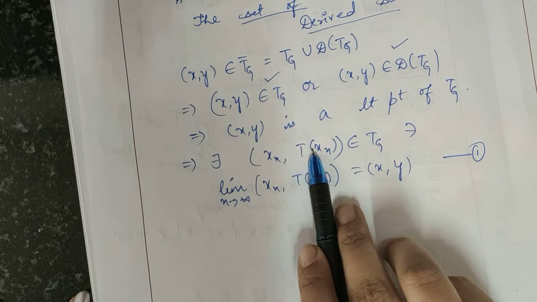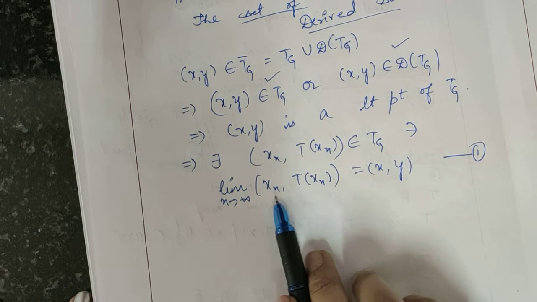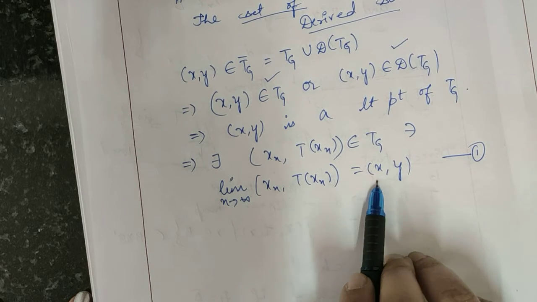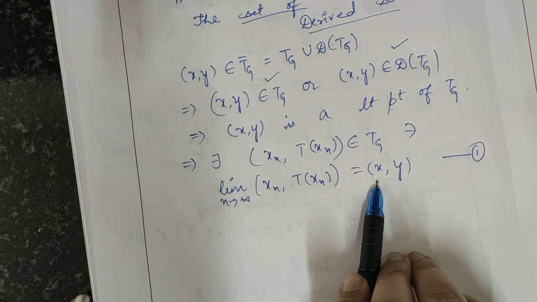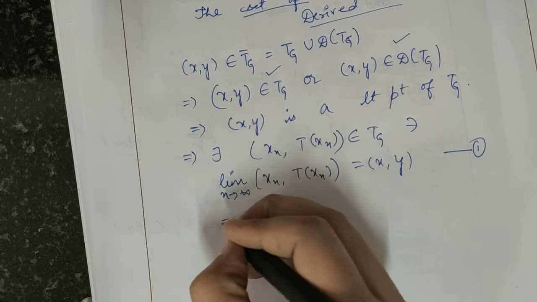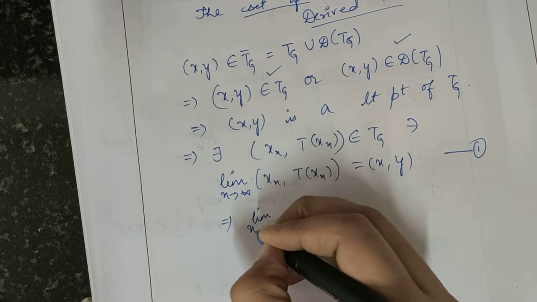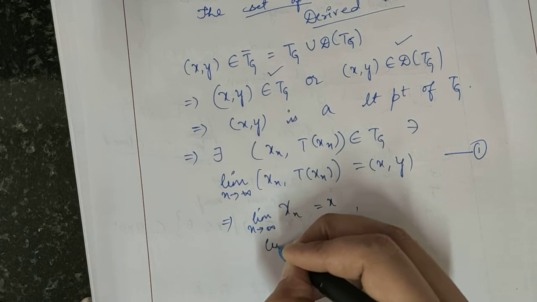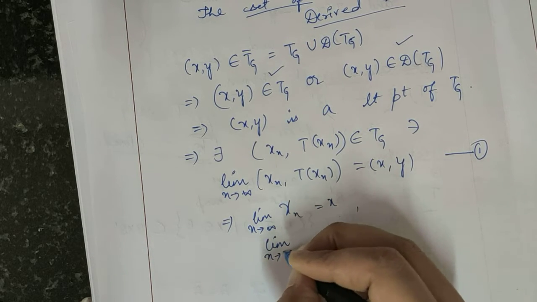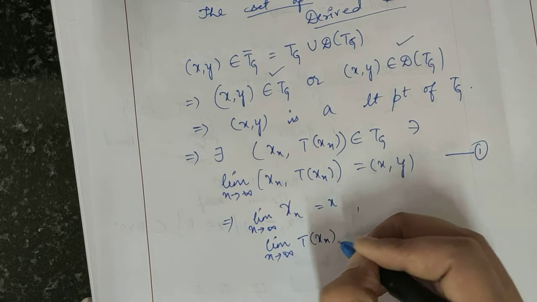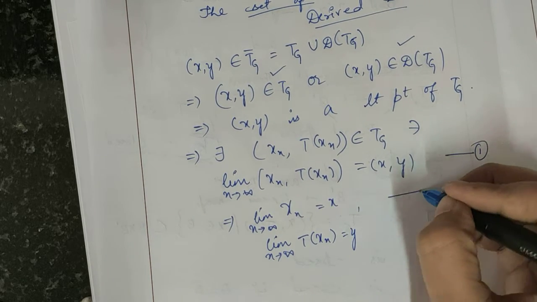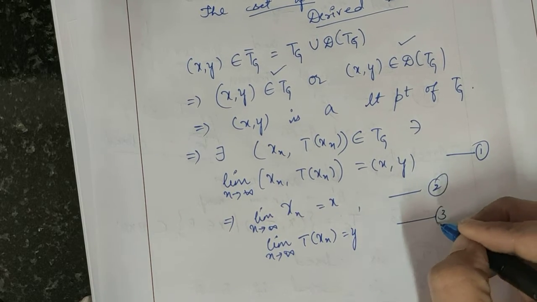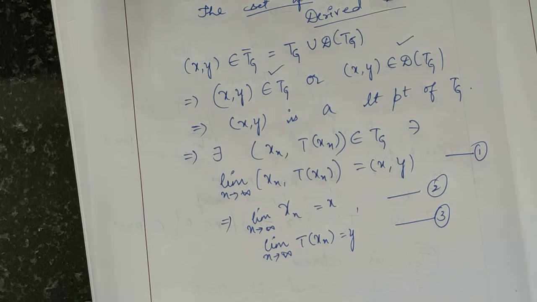So we can write limit n tends to infinity (xn, T of xn) is equal to (x, y). That means limit n tends to infinity xn is equal to x, and limit n tends to infinity T of xn is equal to y. I will call this equation number 2 and this equation number 3.